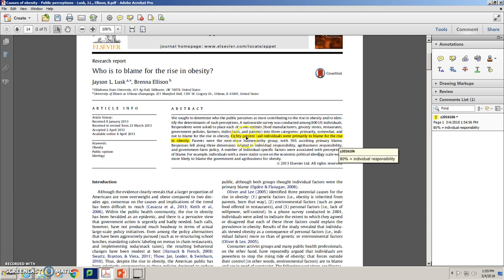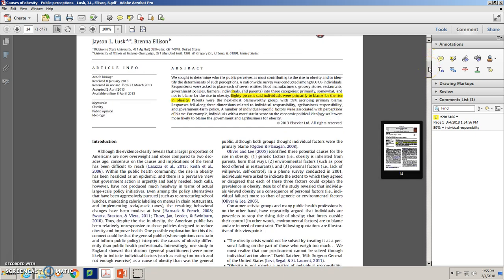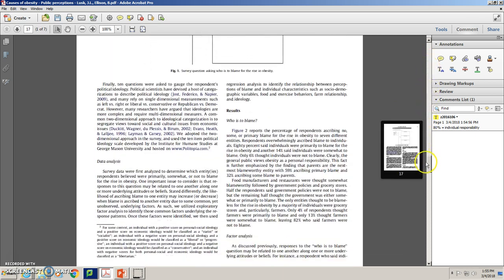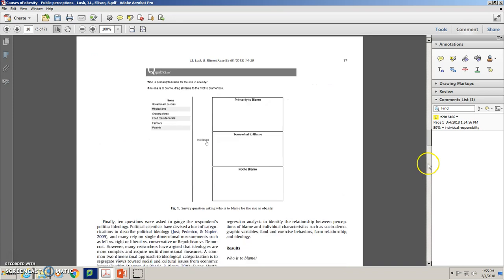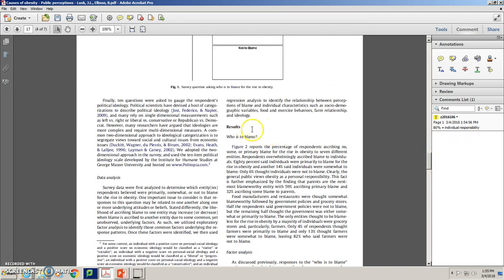So I've got this figure of 80% think that individuals are to blame for obesity. And now I'm going to look in the results section to see if there's any more detail about that fact. So here is the results section, and there is 80% again. 80% said individuals were primarily to blame for the rise in obesity, and another 14% said individuals were somewhat to blame.